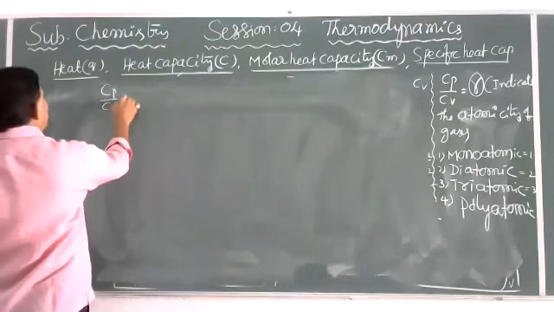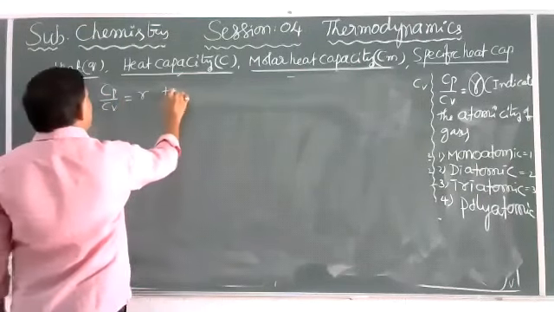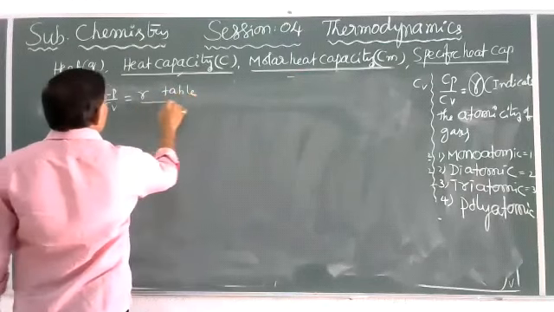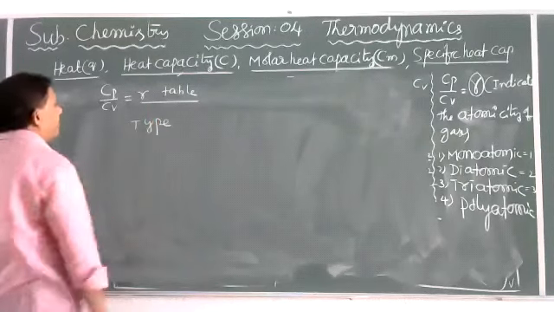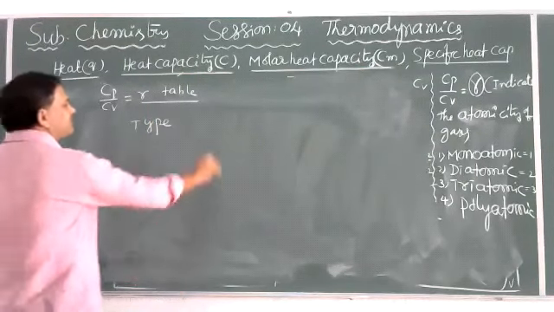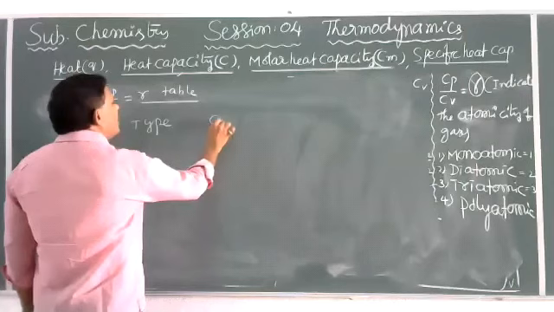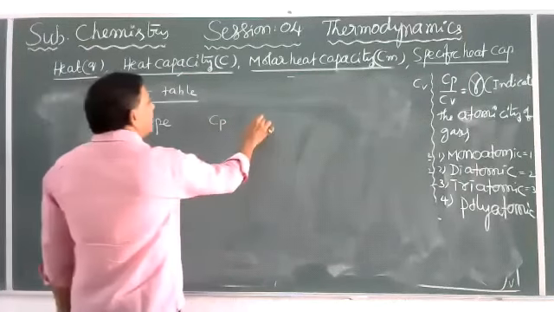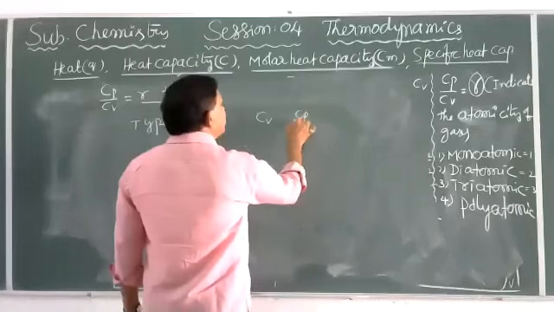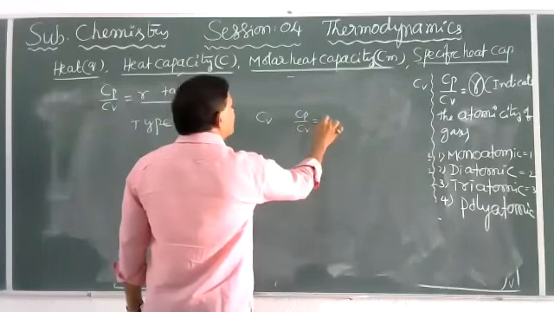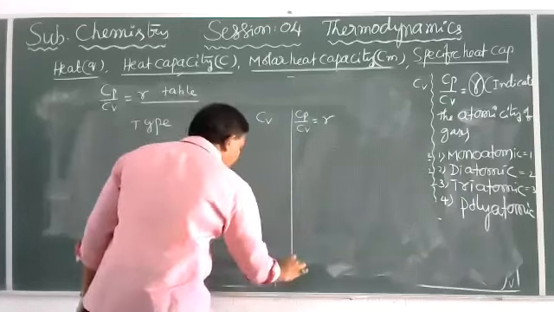Cp by Cv is equal to gamma, I will create this table here. Now here the type of gas, the value of Cp, the value of Cv, and here Cp by Cv is equal to gamma. This is one important table.